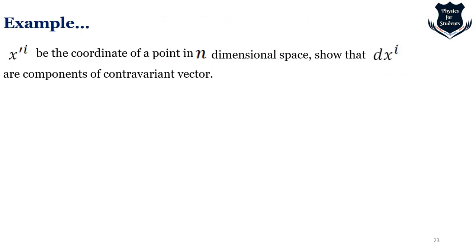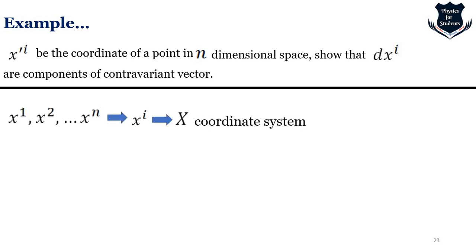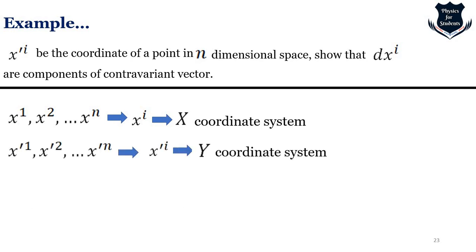A quick example: if xi be the coordinates of, say, an n-dimensional generalized space, then we have to show that dxi are components of the contravariant vector. Simple. We use the same x1, x2 up to xn for the x coordinate system, and x prime 1, x prime 2 up to x prime n for the y coordinate system.